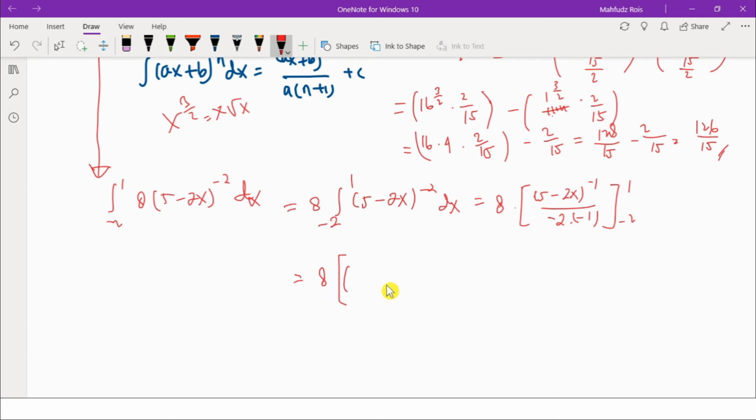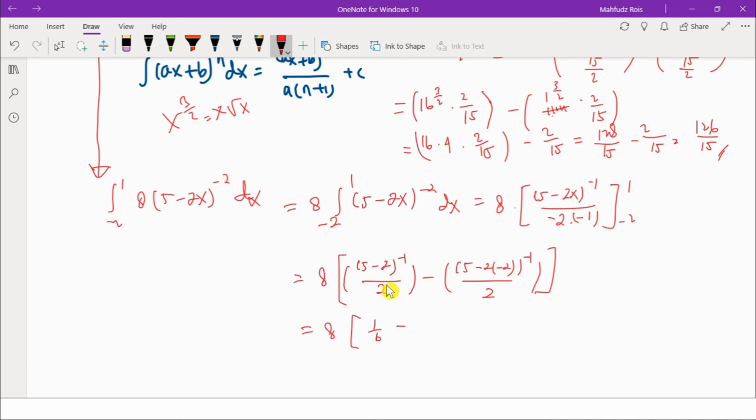We change x by 1 first, so it should be 5 minus 2 times 1, which is 2, minus 2, so it will be 5 minus 2 minus 2 in the parenthesis to the minus 1, like this, right? That one is 3, so 3 to the minus 1 is 1 over 3, divided by 2, so 1 over 6.